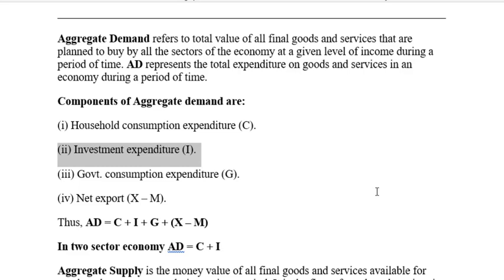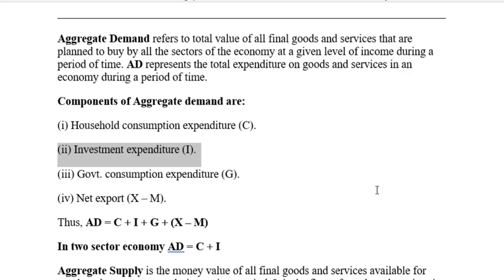Increase in capital assets through investment is called capital formation. It is also called private investment expenditure. Private investment expenditure comprises investment in fixed assets and inventory stock. It is determined by the market rate of interest. Higher the market rate of interest, lower the investment expenditure, as the rate of interest is considered as the cost of borrowings.